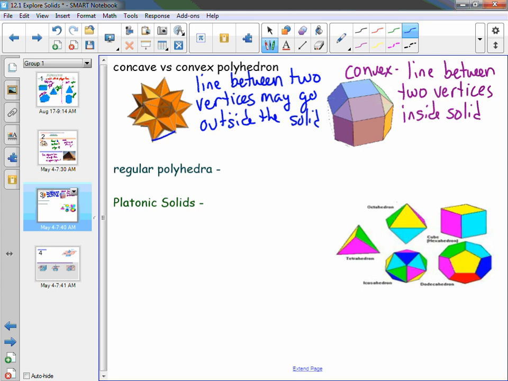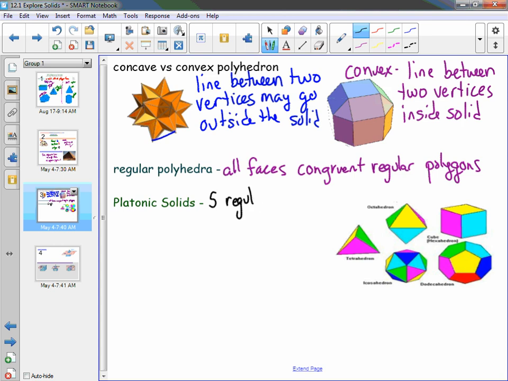Regular polyhedra: all faces are congruent regular polygons. And there are 5 of them, and they are called the Platonic solids.